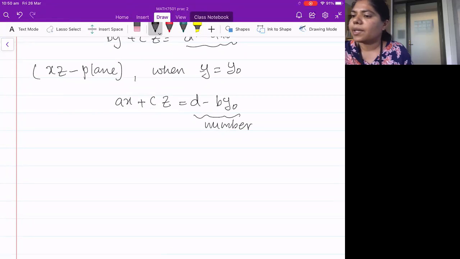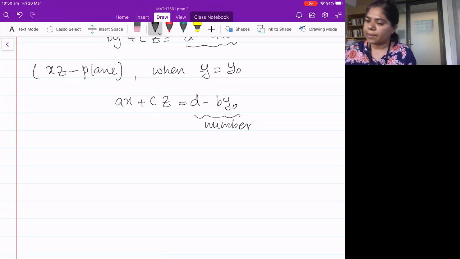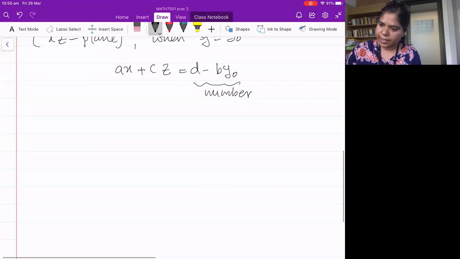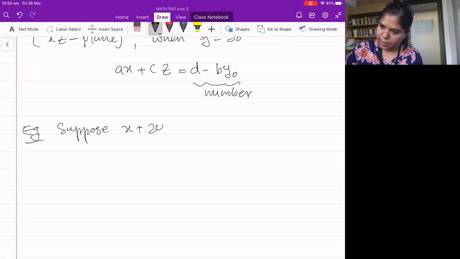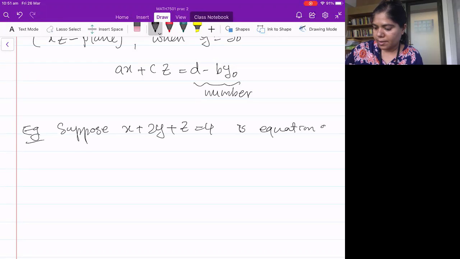Then let's look at an example. Suppose x plus 2y plus z equals 4 is the plane.